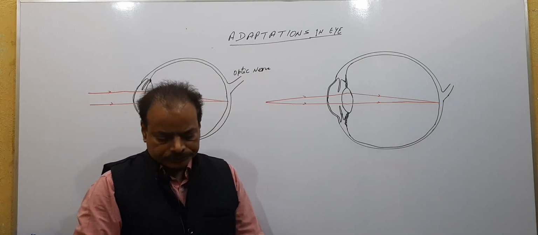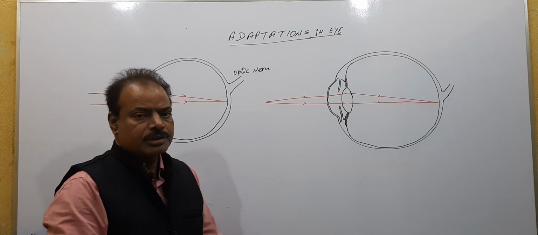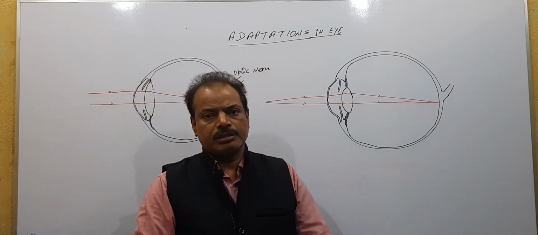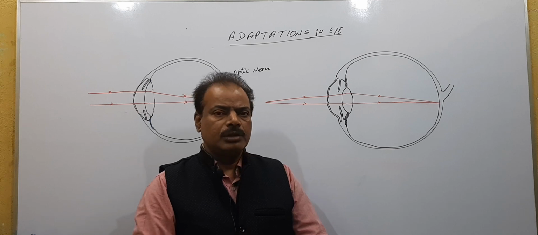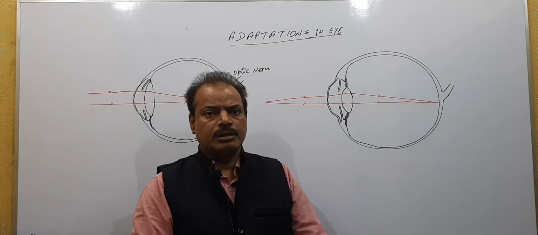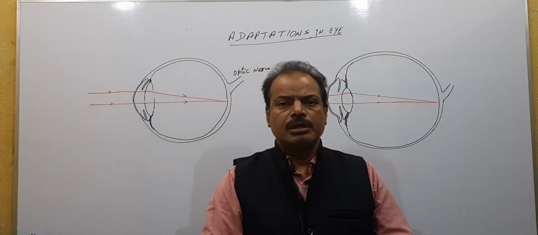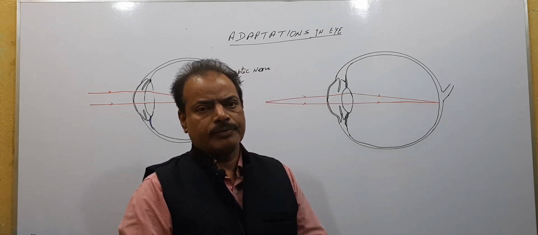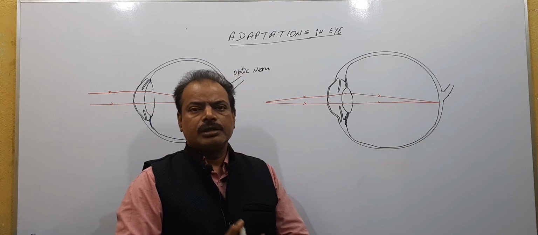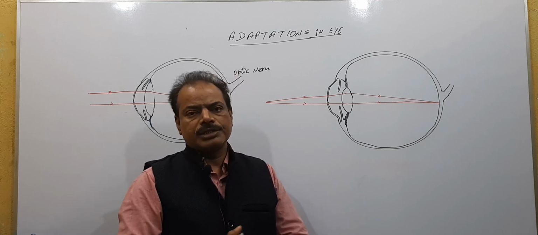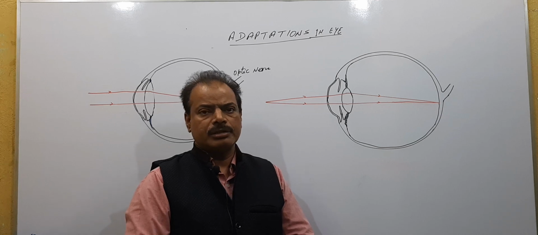At first, dark adaptation. When we come from a brightly lighted area to a dark place, then for a few seconds we cannot see objects nearby. But after it, some changes take place in our eye, and we can see objects clearly.